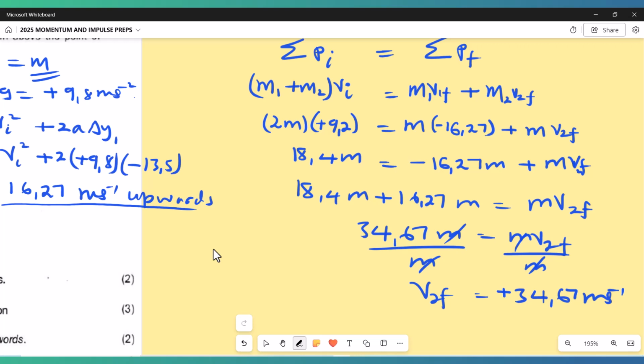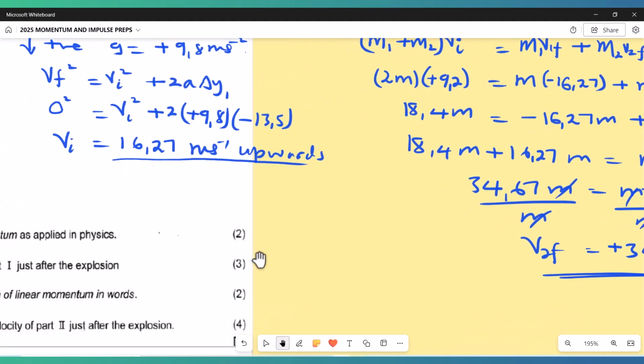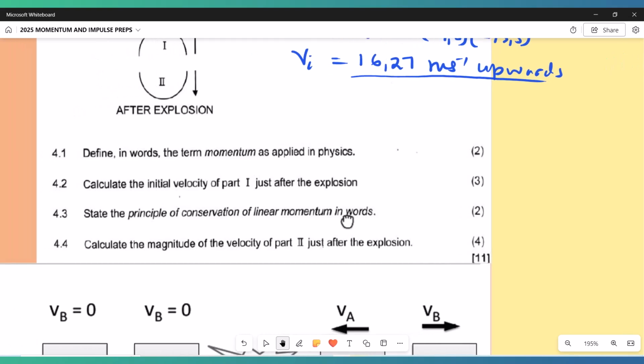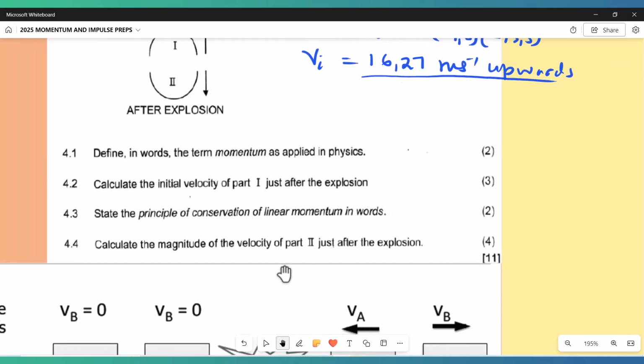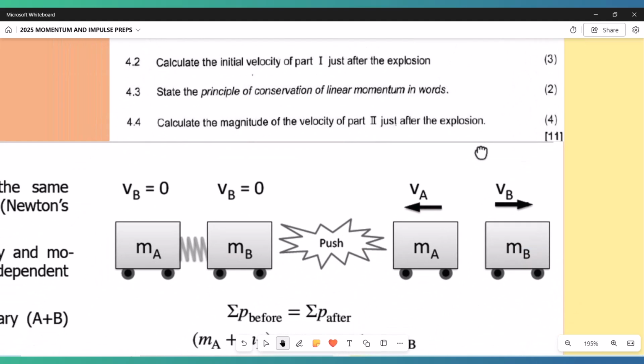Remember it was going downwards, this mass 2. So that's our answer: 34.67 meters per second. I hope we are together. That was just after the collision. They wanted the magnitude, so we are not talking about direction here.